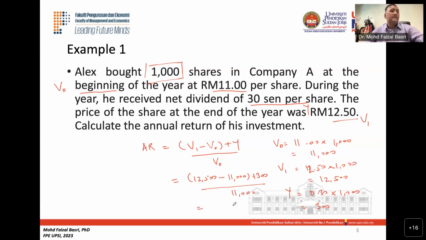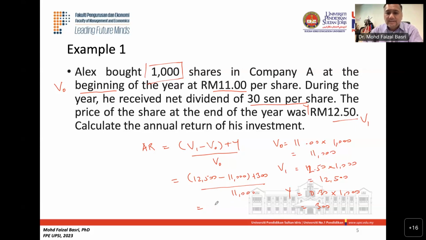So if you have your calculator, so far we don't use the financial calculator yet, but towards the end, we have to use financial calculators. 11,000 plus 300, right, 11,000.